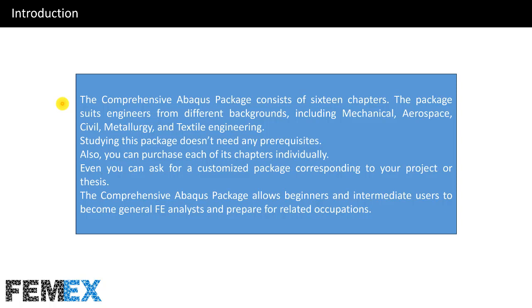Studying this package doesn't need any prerequisites. Also, you can purchase each of its chapters individually. You can even ask for a customized package corresponding to your project or thesis.